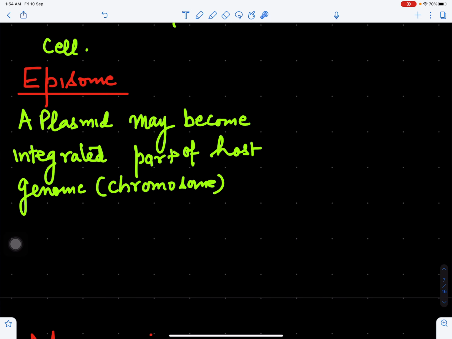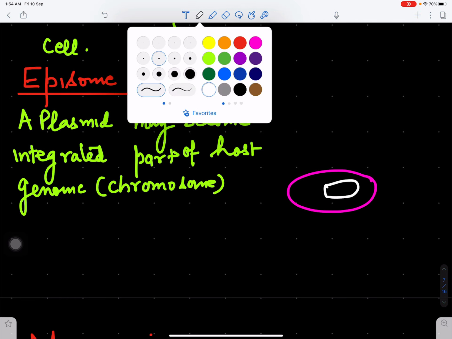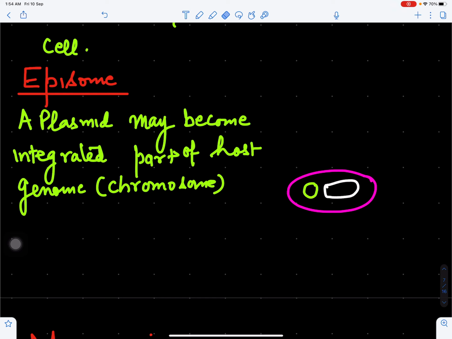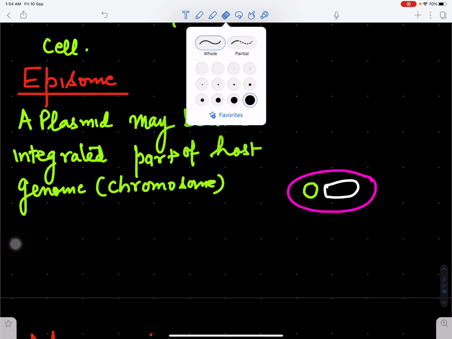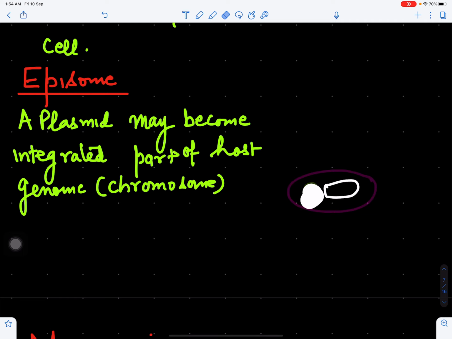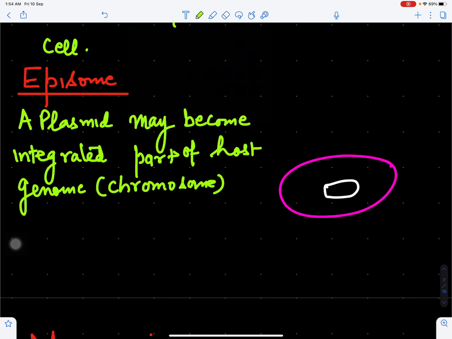Now next is episomes. Sometimes a plasmid may get integrated. Supposing this is the bacteria and this is its bacterial genome, and this is the plasmid. Sometimes this may get integrated with this bacterial genome.